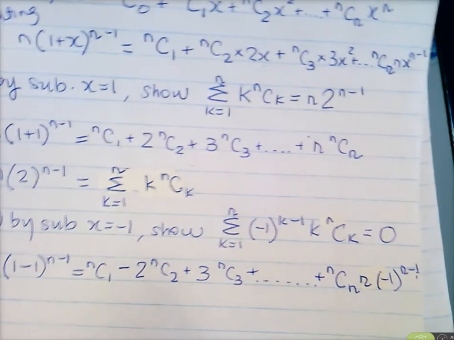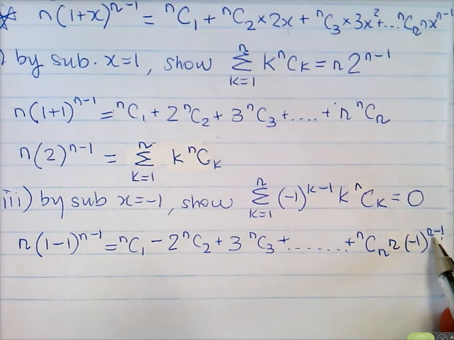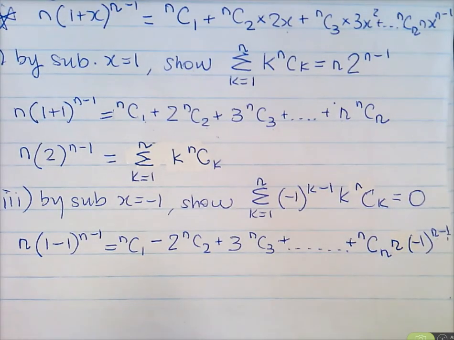So if I look at my left-hand side, I've got n times what? What's 1 minus 1?